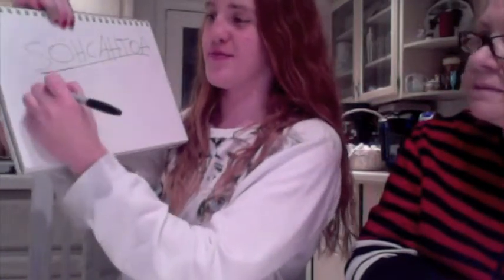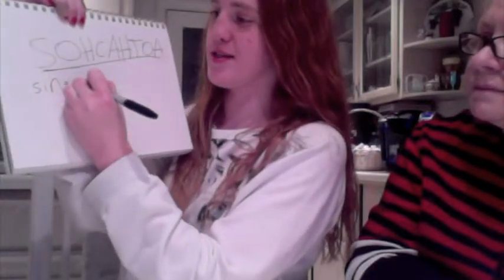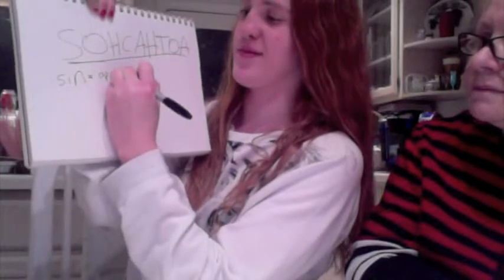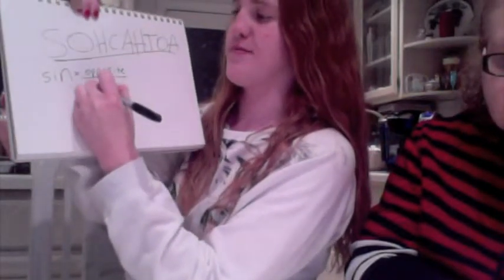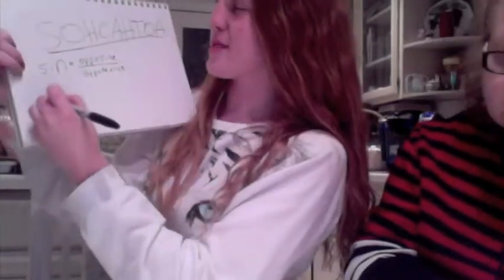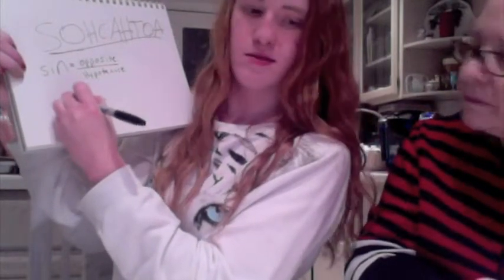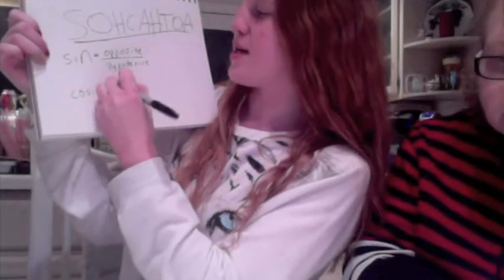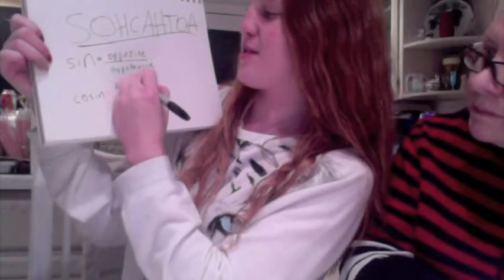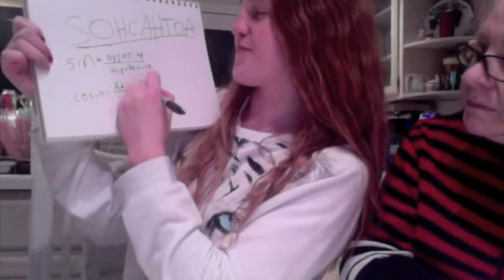The SOH stands for sine, which is opposite over hypotenuse in a triangle. So then the CAH is cosine, which stands for adjacent over hypotenuse.